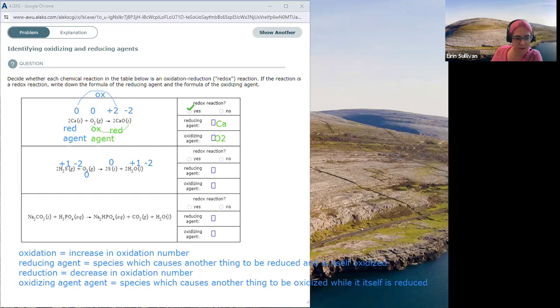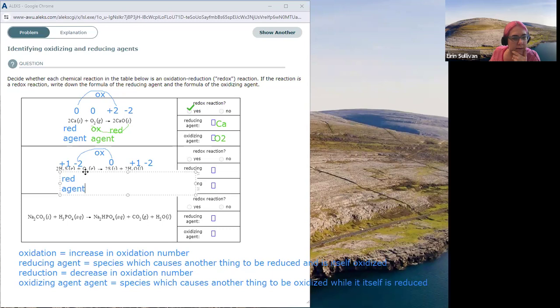Sulfur's being oxidized. Let me get the right color. Sulfur is going from -2 to 0, which is definitely an increase in oxidation number. Sorry about that. It is the right season in Florida for pollen to be everywhere, trying to kill us. No change there. So this is oxidation, which means that the sulfide in H2S is the reducing agent.